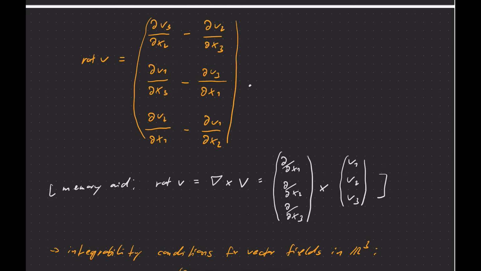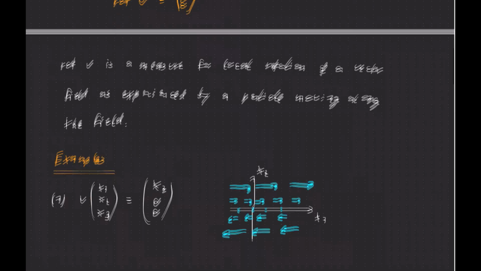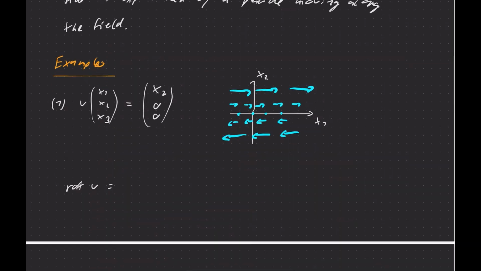The only non-zero part will be this one. So we get dv1 by dx2, that's a 1, and we have a minus in front here. So what happens here is we just get a -1 in the last component and zeros everywhere else. So that indicates there is indeed some amount of rotation in that vector field from the point of view of a particle that's moving along that field.